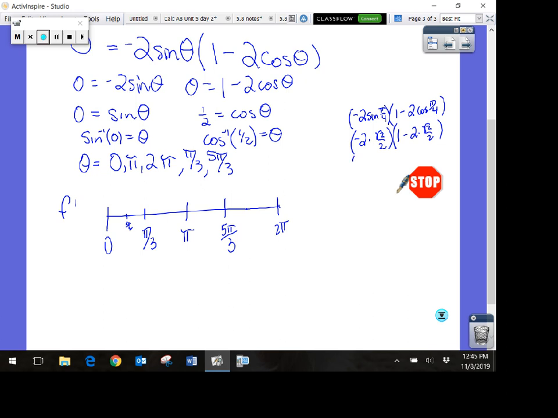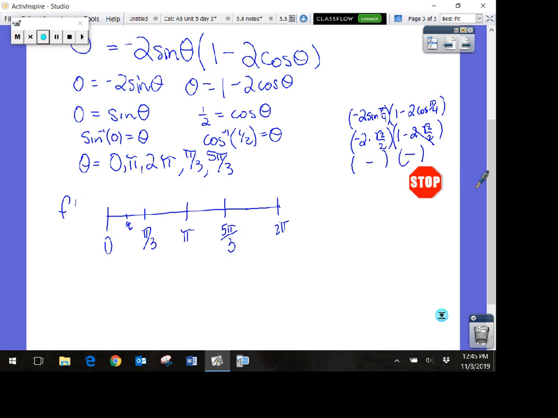For this factor, all we care about is positive or negative. It doesn't matter what the value is. We're just looking for a line chart, pluses and minuses. This is going to be 1 minus root 2. Even if I don't know what root 2 is, I know that root 1 is 1, so root 2 has to be bigger than 1. So 1 minus a number bigger than 1 gives me a negative.